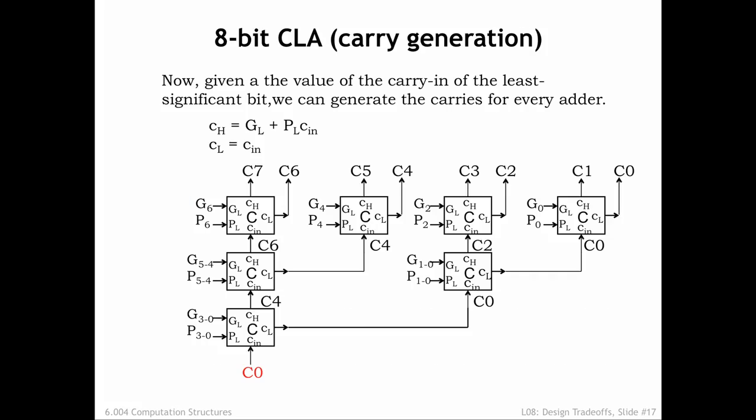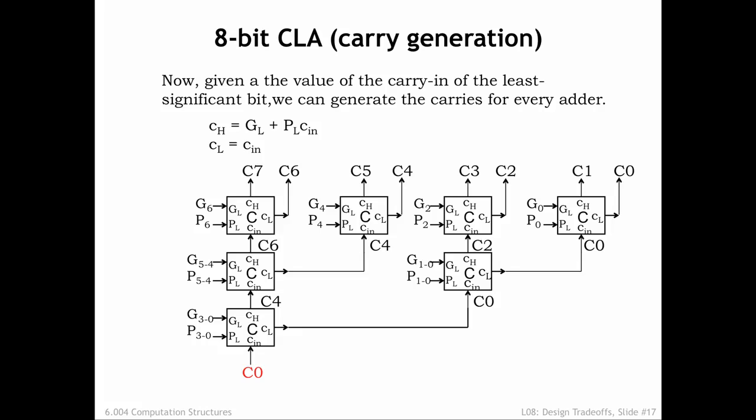Once we're given the carry-in C0 for the low order bit, we can hierarchically compute the carry-in for each full adder module. Given the carry-in to a block of adders, we simply pass it along as the carry-in to the low half of the block. The carry-in for the high half of the block is computed using the generate and propagate information from the low half of the block.